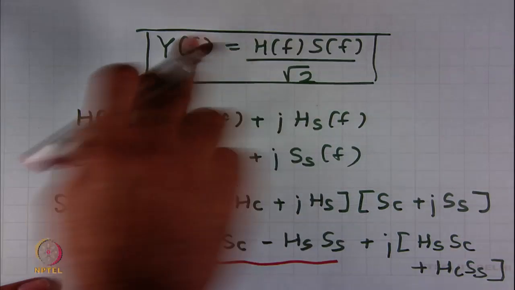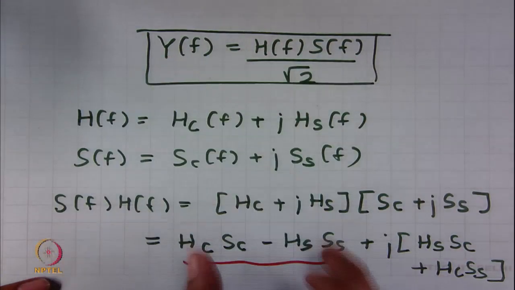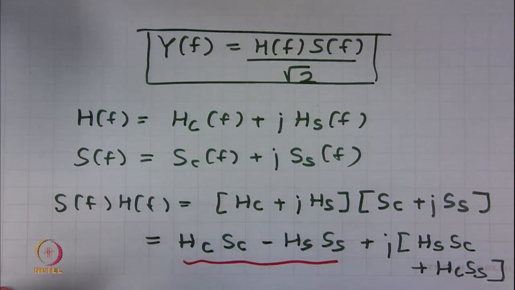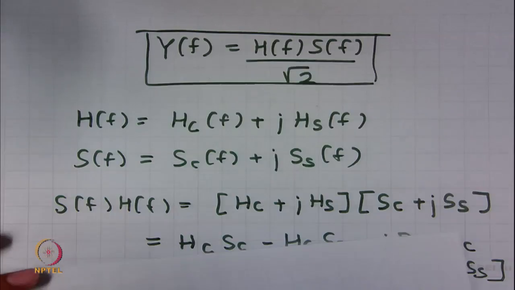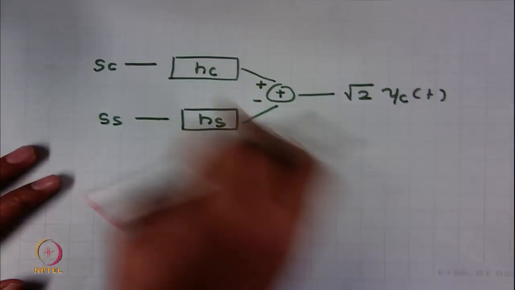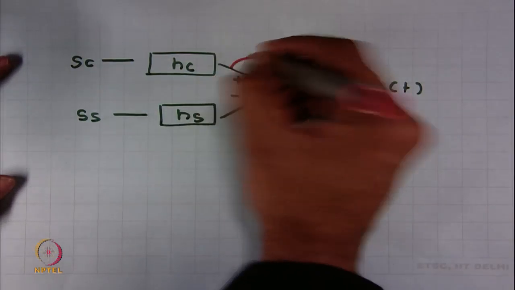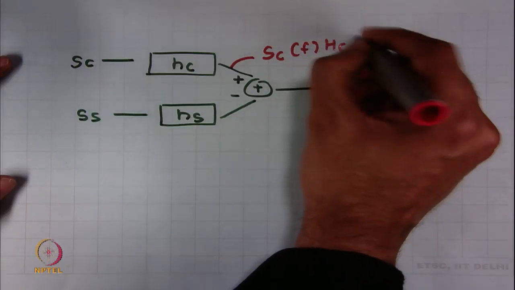When I multiply HF with SF, I get YF. So, when I do this, this corresponds to the spectrum of the cosine part of YF, right. So, its inverse transform is YC(t). Now, you may wonder that here I have been talking about the spectrum and here we are writing with the impulse response, and the reason is very simple. If you look at this, the output is HC(f) into SC(f).